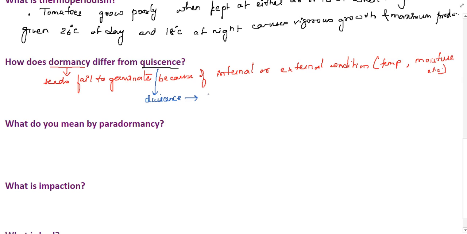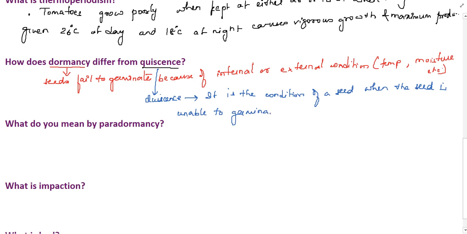Okay, so I write down, it is the condition of a seed when the seed is unable to germinate only because suitable external conditions are not available.